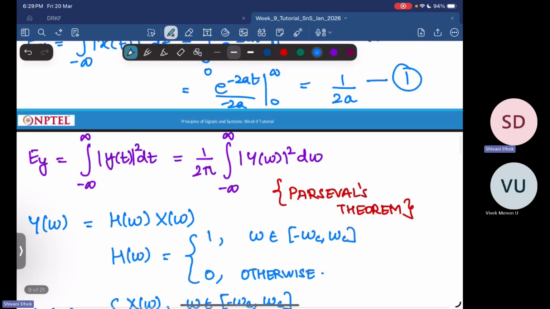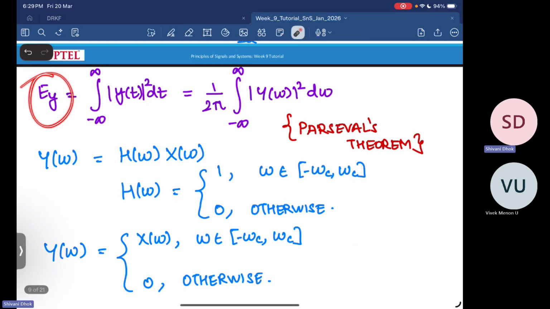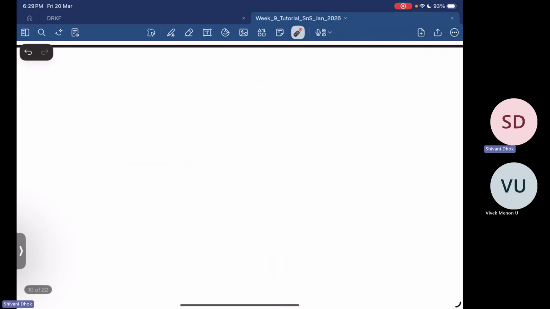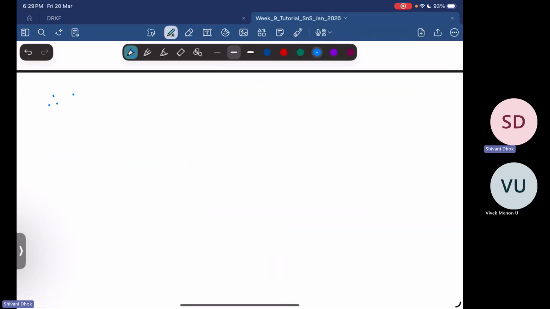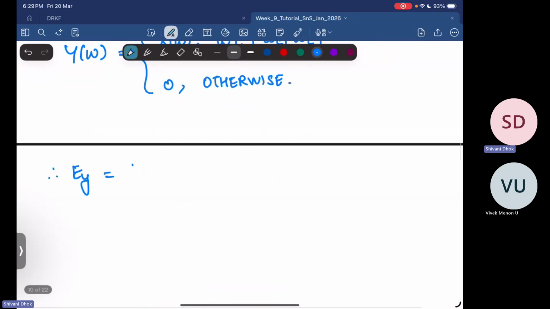Okay, so now let us plug in whatever we have in this E of y. So therefore E of y is 1 over 2 pi integral.